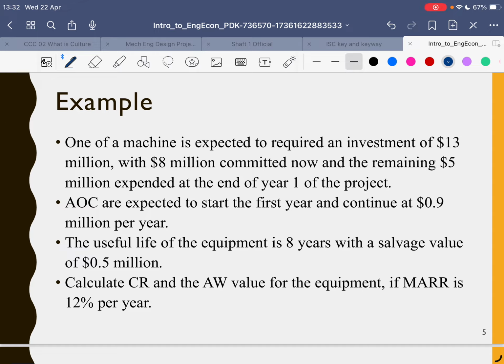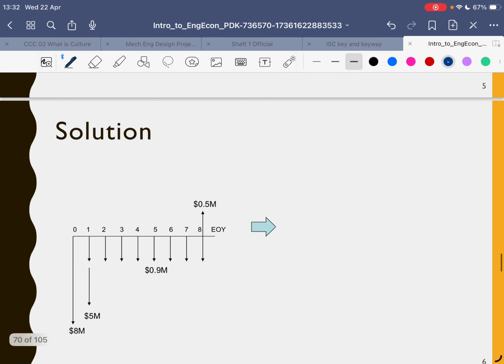So first of all, you need to translate this whole thing into a cash flow diagram. You have the 8 million at year 0, right, and 5 million at year 1, because the total amount is $13 million, but you have the installment. The first installment is $8 million and the second one is $5 million. So you translate it into this picture.